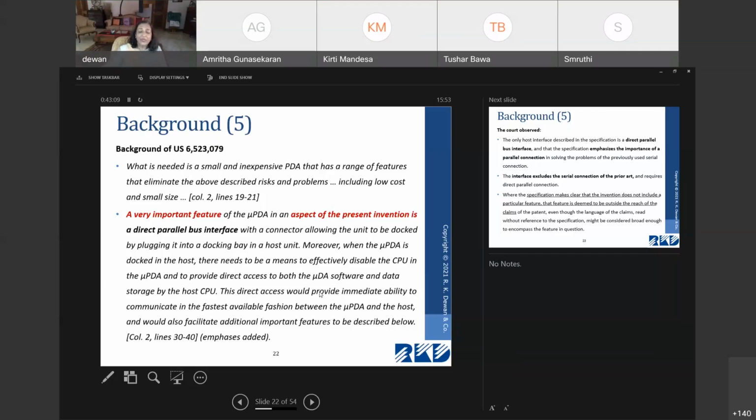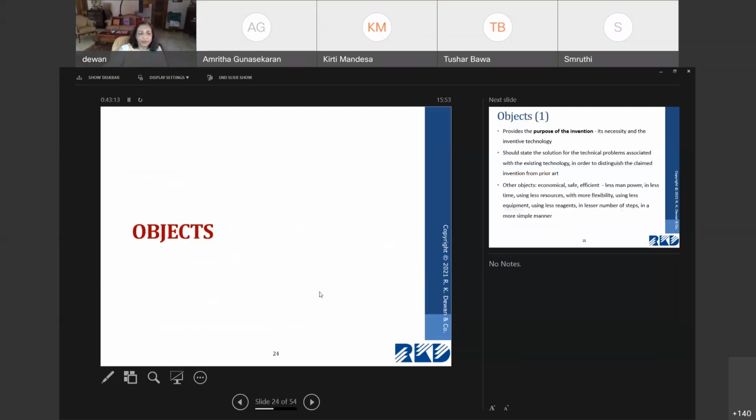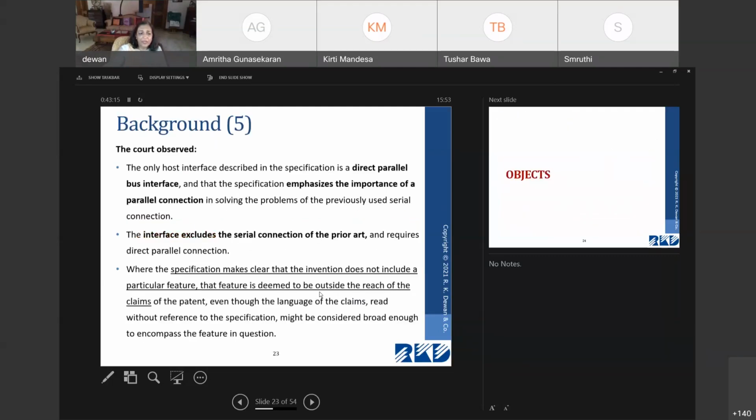And then also it is important that in the background, you simply do not copy paste the abstract or part of the claim. Many times I've seen people even write that this so and so US patent number so and so is a novel method. So they are already calling it novel.